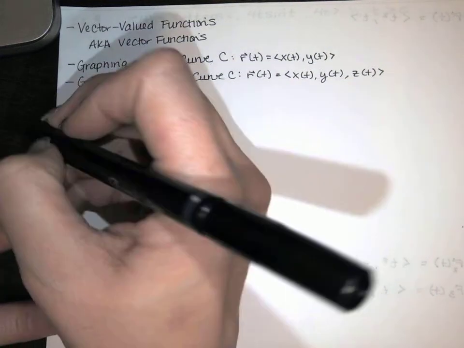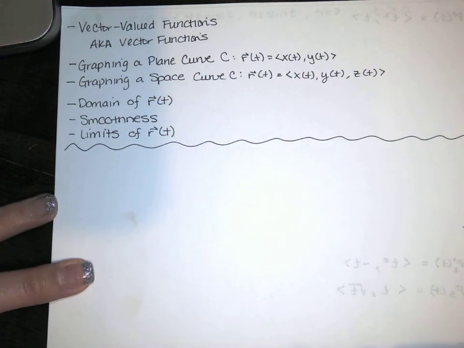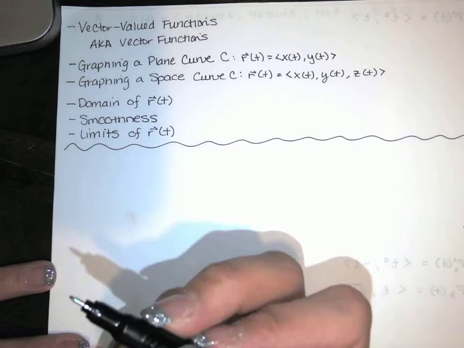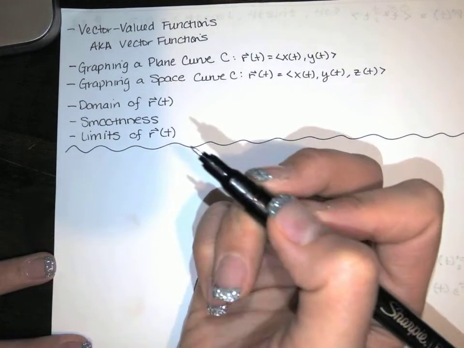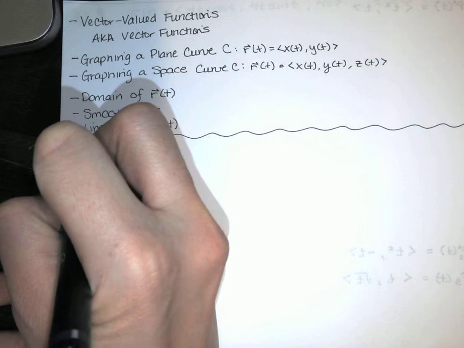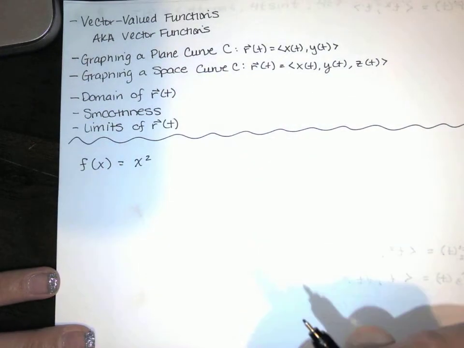So you might say, okay, well, what is this thing, a vector-valued function? Well, I think it's helpful to compare them to functions that you're already familiar with. So back in pre-calculus or college algebra, we've studied functions like f of x equals x squared.